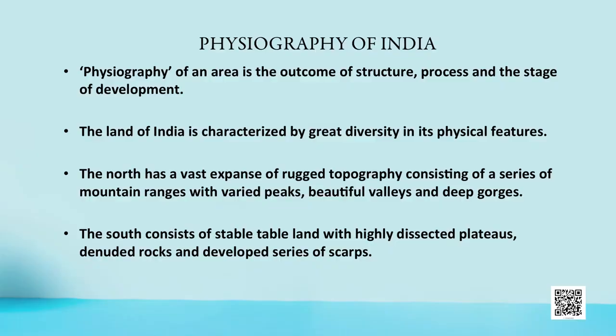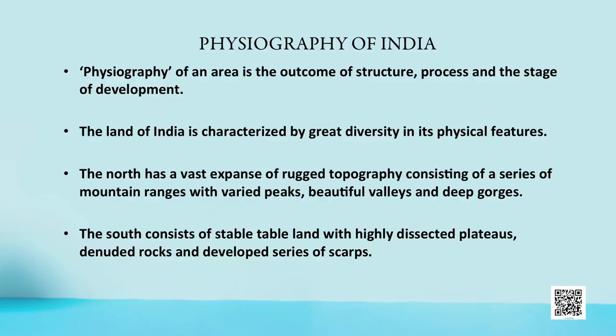The southern part of India, the peninsular India, consists of stable tableland with highly dissected plateaus, dissected by the rivers also. Denuded rocks, the denudation, degradation because of the exogenic forces also, and developed series of scarps. In between these two, that means mountains of the north and the plateau of the south, lies the vast North Indian plain, the great northern plain of India.